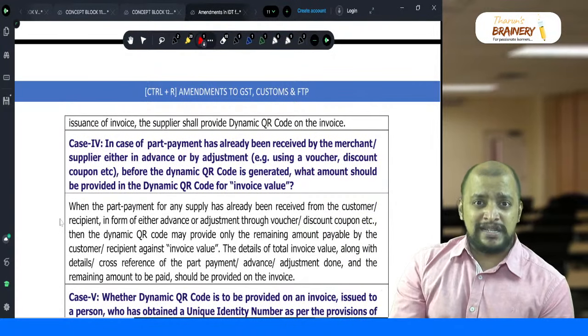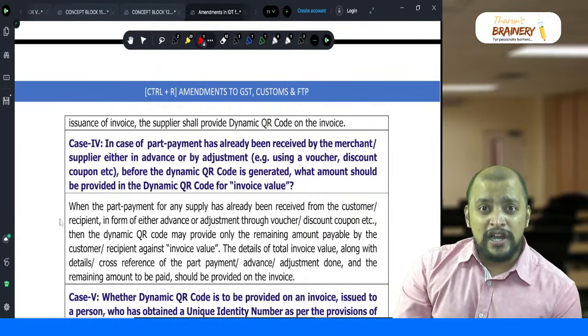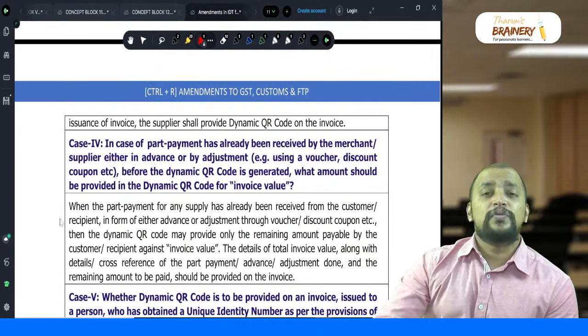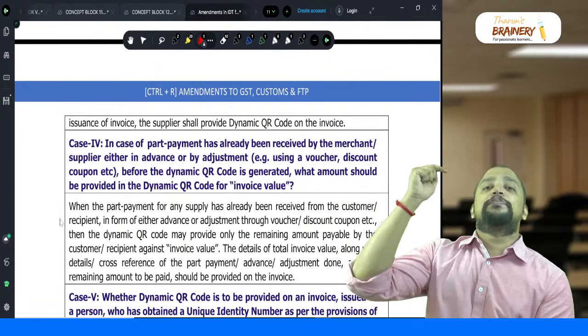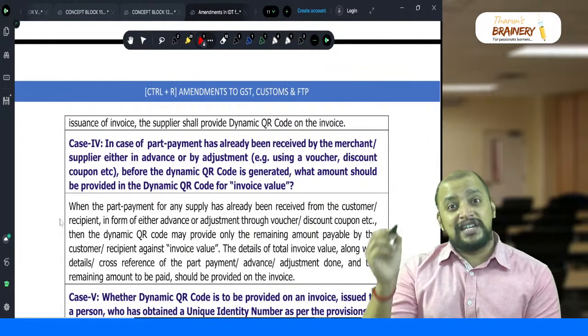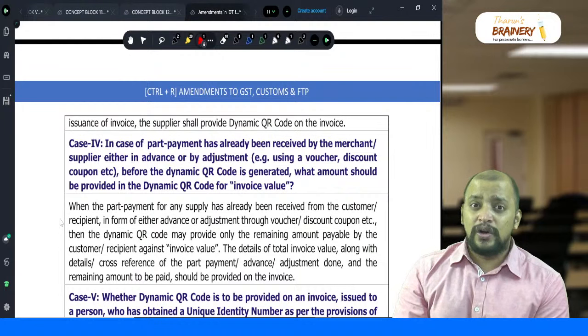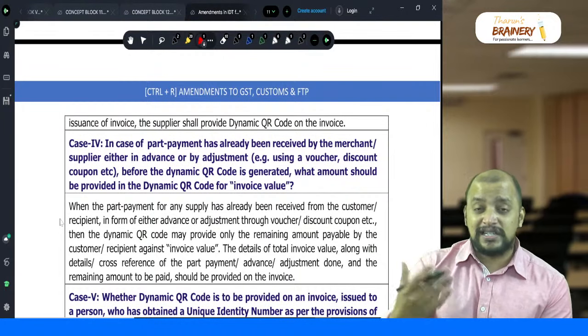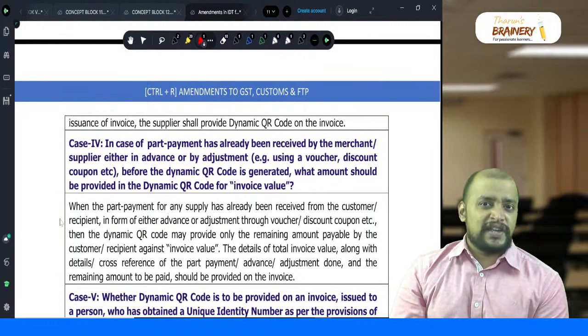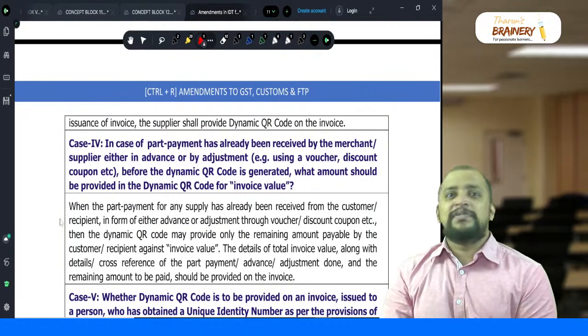A UN embassy or a consulate or UN organization. Some specialized agencies whose outward supplies are exempted will be obtaining a unique identification number to get the refund of GST paid. Instead of giving a GSTIN to them, we give a unique identification number. That does not mean they are registered.